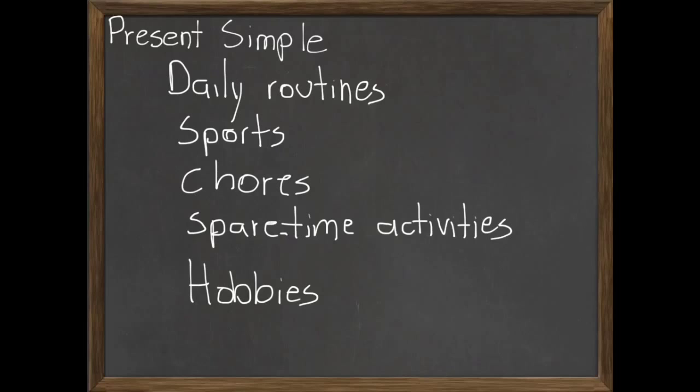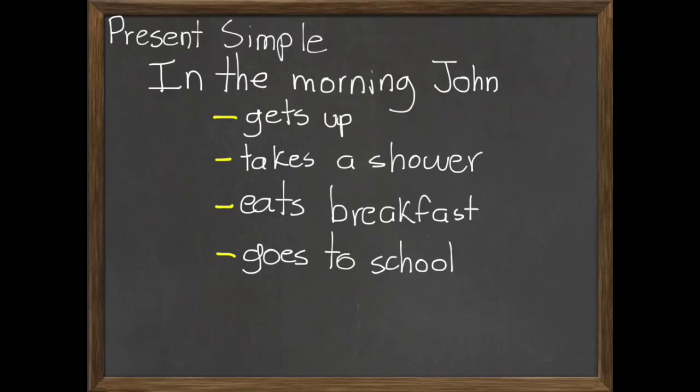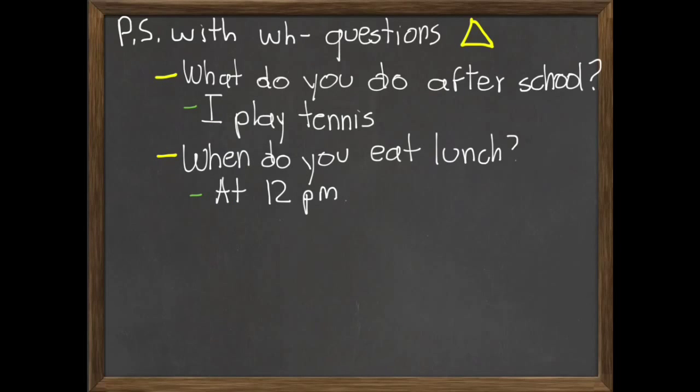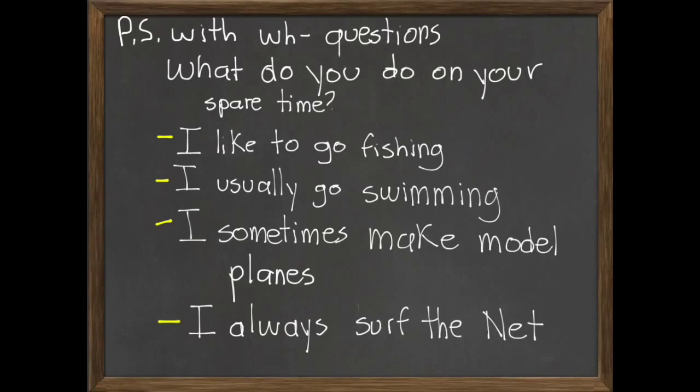So, if you would like to see all the activities, you can look at them in the book, where they are represented in different exercises and examples, like we saw today, such as what John did during the day or his daily routines, and some different activities that are answers to WH questions.